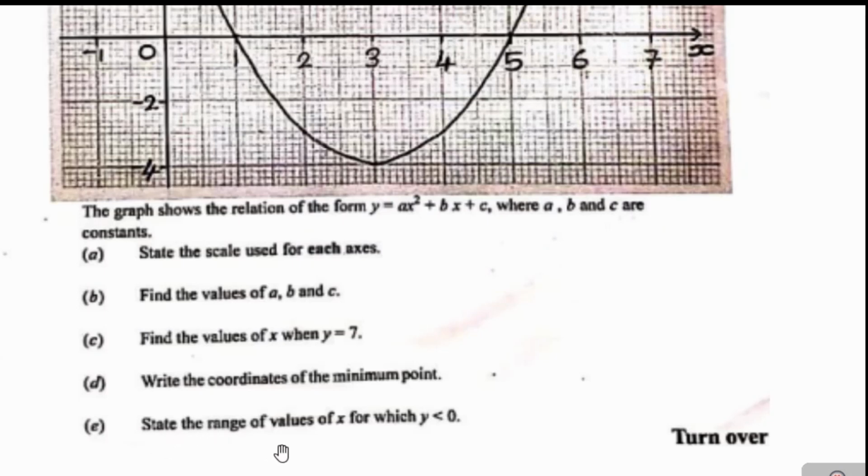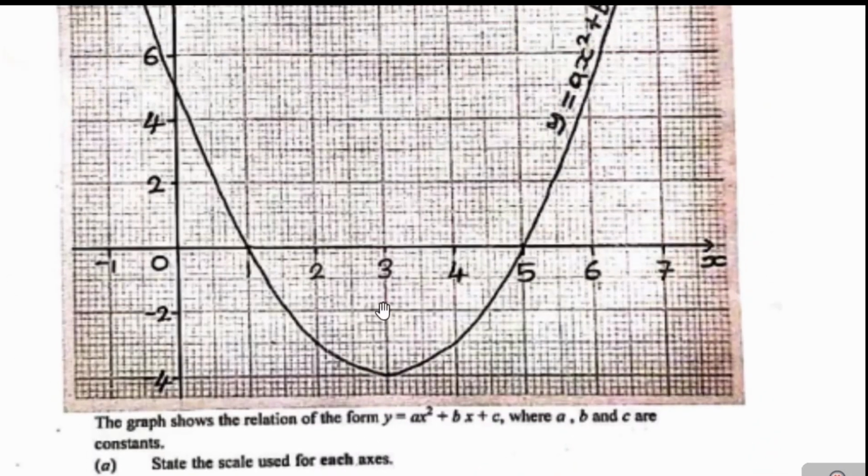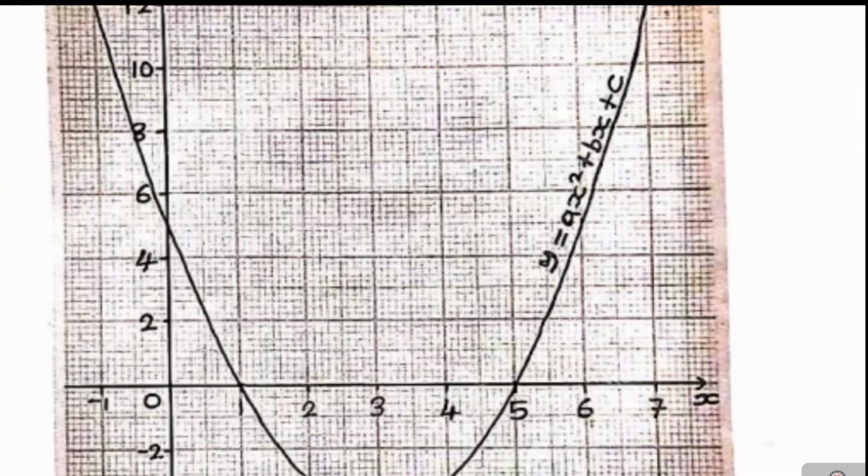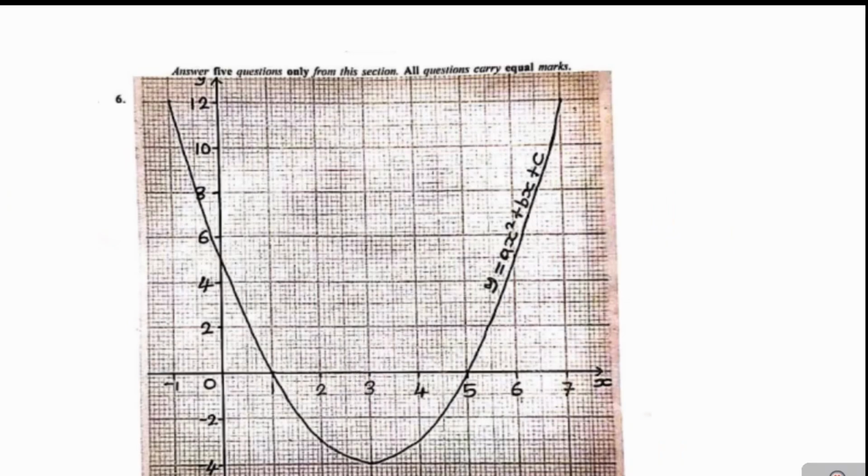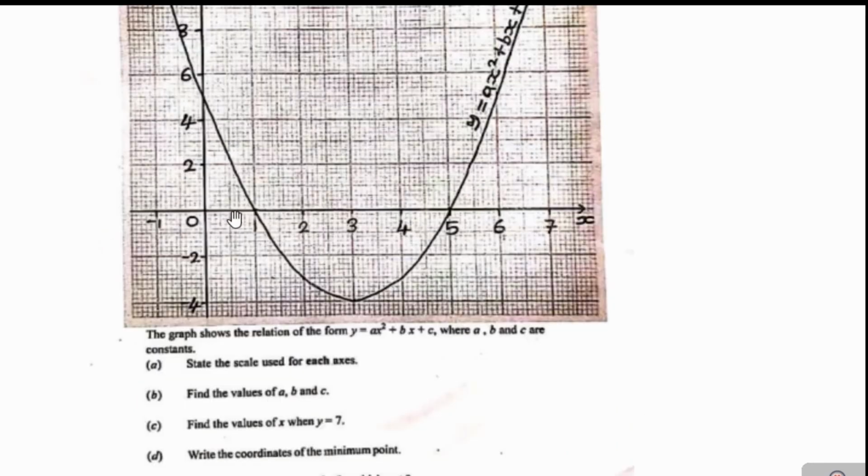Right, let's get back to our question proper. And this question, like I stated earlier, gives us a graph that is stated in the general quadratic form. And the first part of the question is asking us to state the scale for each of the axes. So we are just to check the markings on the x-axis and that of the y-axis.